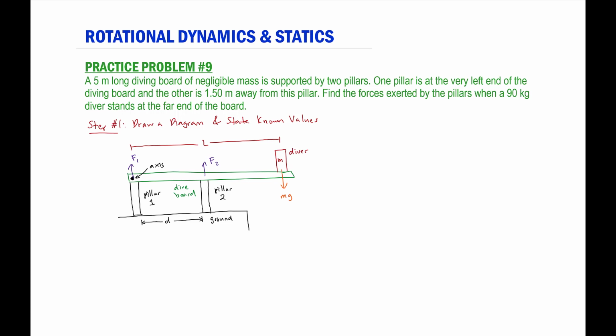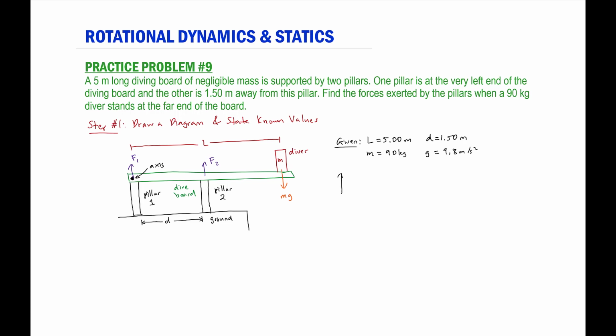Now it doesn't seem like we need anything else, so let's just write down what we're given. We're given L is equal to 5.00 meters, D is equal to 1.50 meters, M is equal to 90 kilograms, and G is equal to 9.8 meters per second squared.